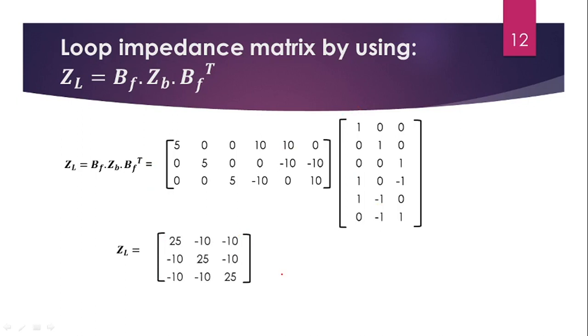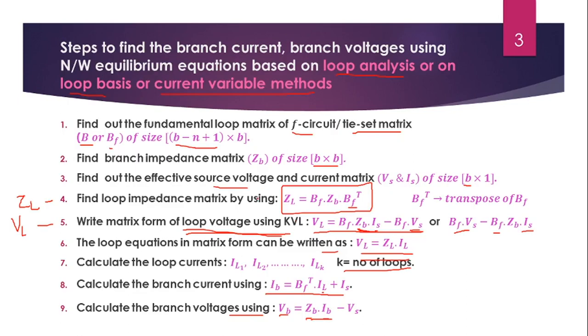You can even cross check: the diagonal element of this loop impedance matrix is nothing but the summation of all the impedances within the respective loop.